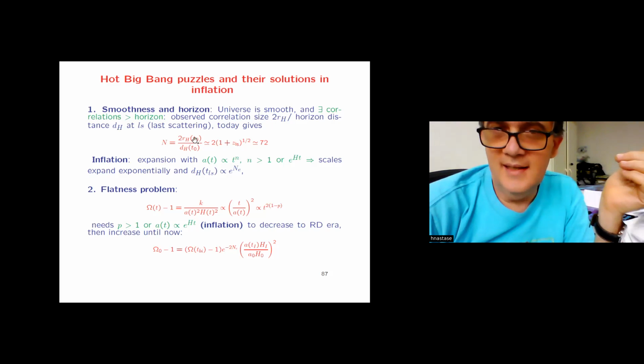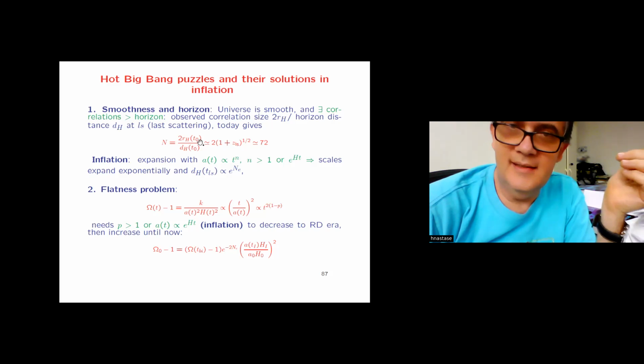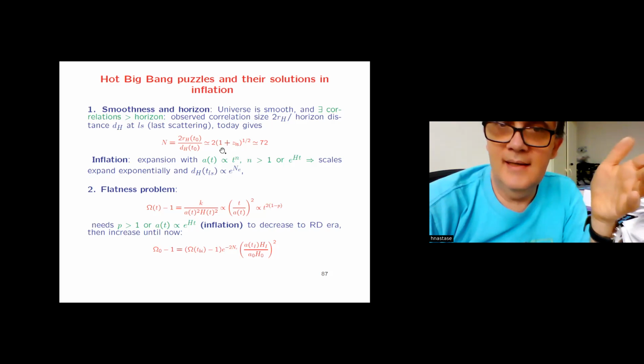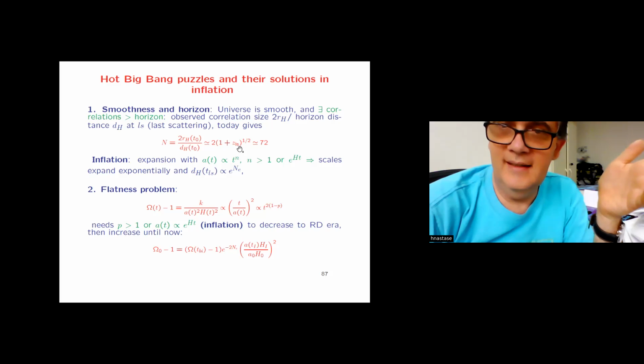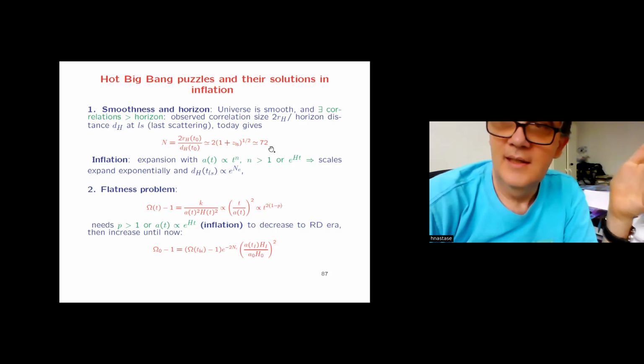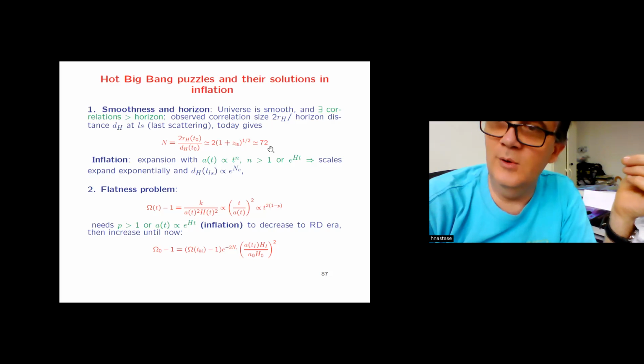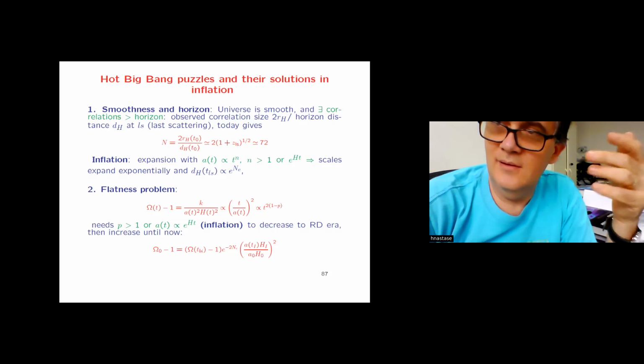So the formula is 2RH at T0 today, divided by DH at the same. And this is approximately 2 times the square root of 1 plus z last scattering, which is about 72. So we see correlations over 72 times the horizon that should have been true.